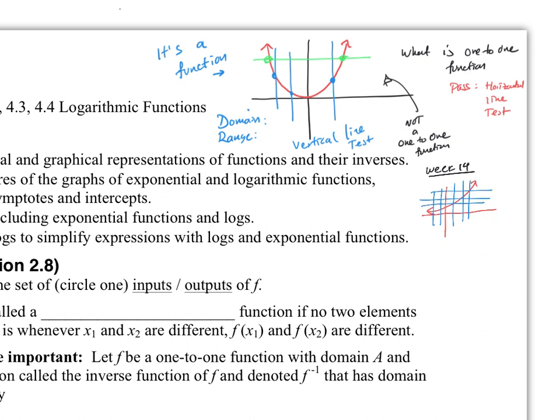So all exponential functions are one-to-one, which means the inverse, this is going to be the symbol for inverse, exists, and I'll show you how to find that. So one-to-one means it has to pass the vertical and horizontal line test. And what's the point of that? That means you can find the inverse function, which is one of the goals of this section.